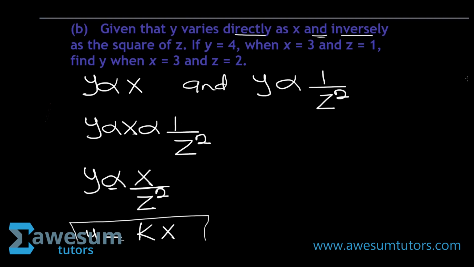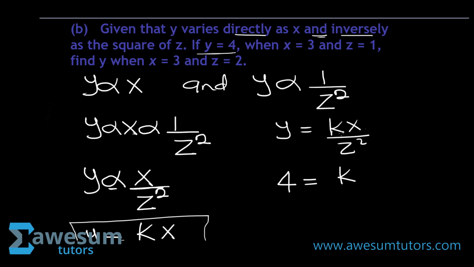Now we'll continue with the question. It says if y equals 4. Take note, what we have right here is y equals kx over z squared. So y equals 4, put it right there, equals k, when x equals 3.